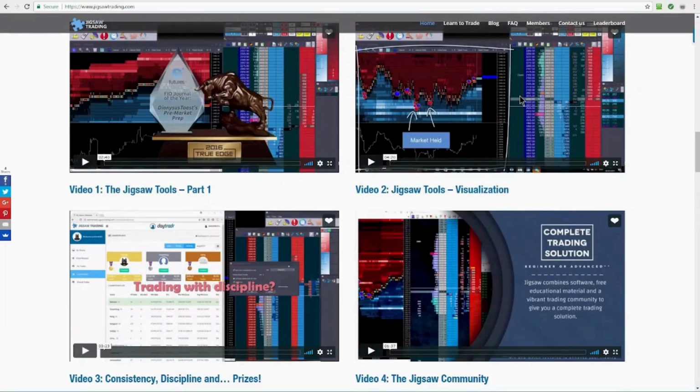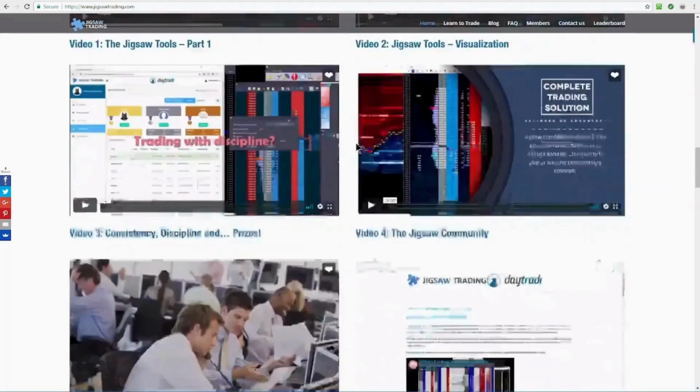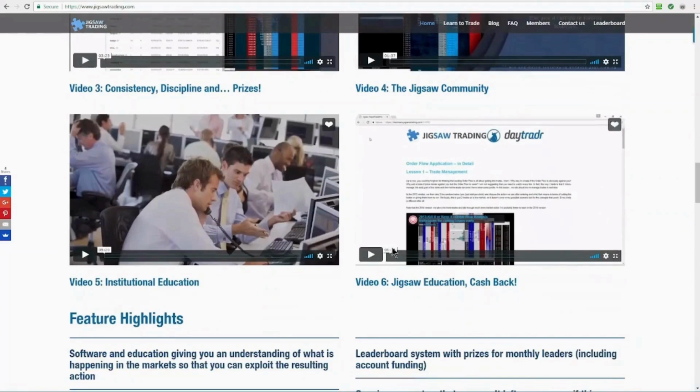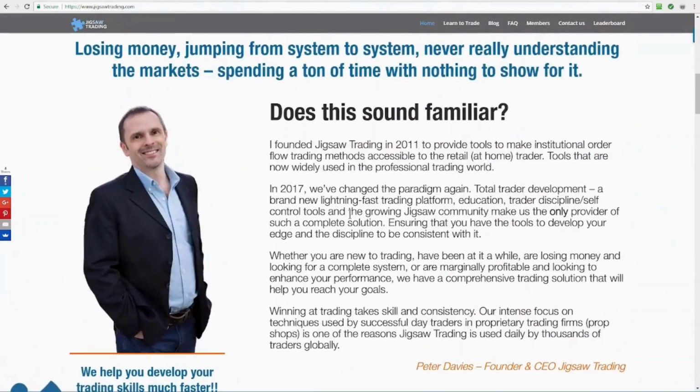I'm quite happy making use of the basic tools, as you'll see, but some people may prefer to make use of this graphical tool here. But on the website, there's lots of videos, lots of information. There's an enormous amount of high quality education here, education that the actual institutions use. So Peter Davis, the creator of this company and these tools, has done a good job.